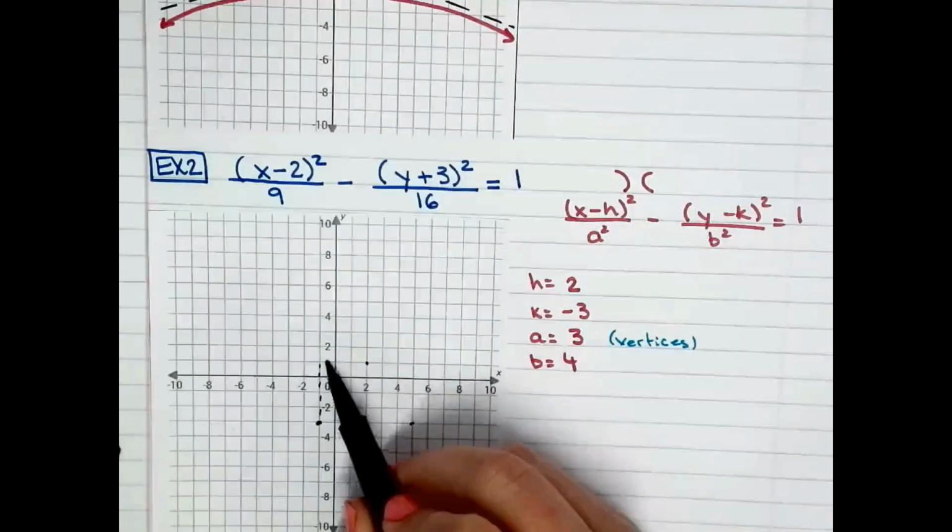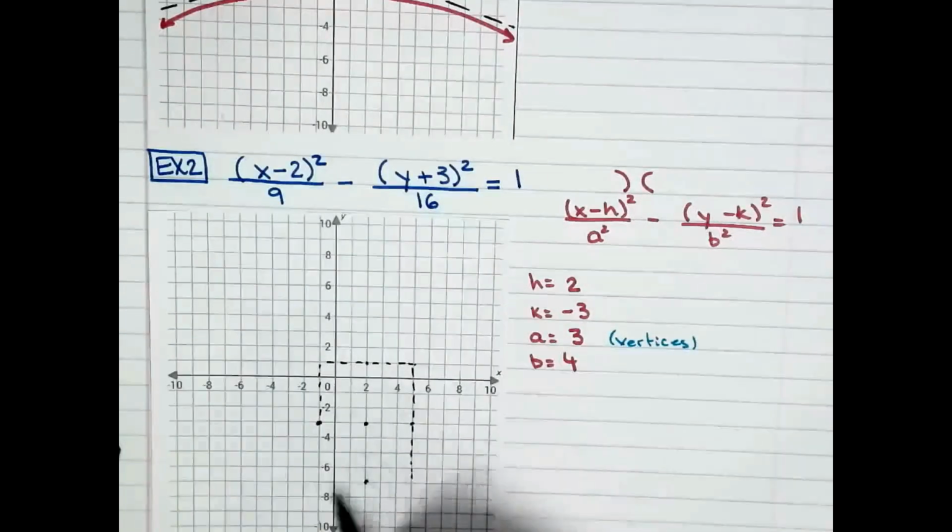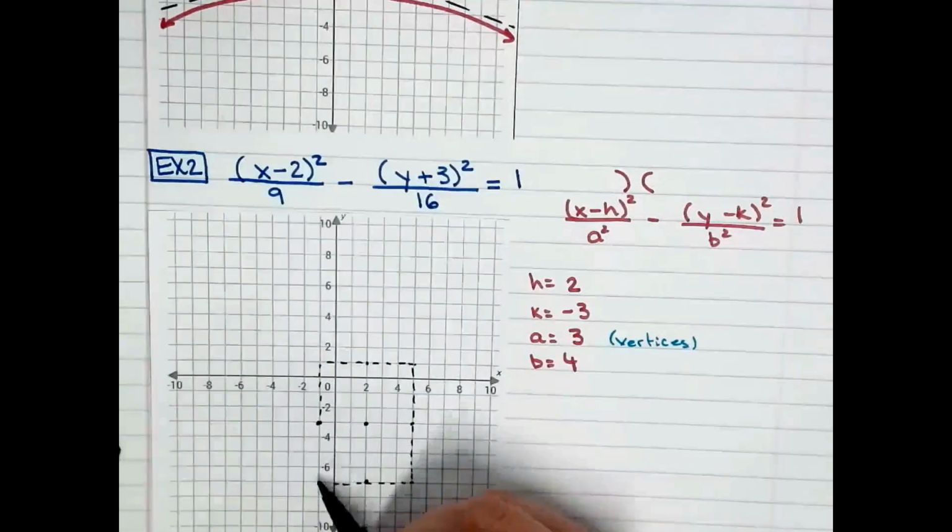Draw the box, because after you have the box, you have to draw the asymptotes.